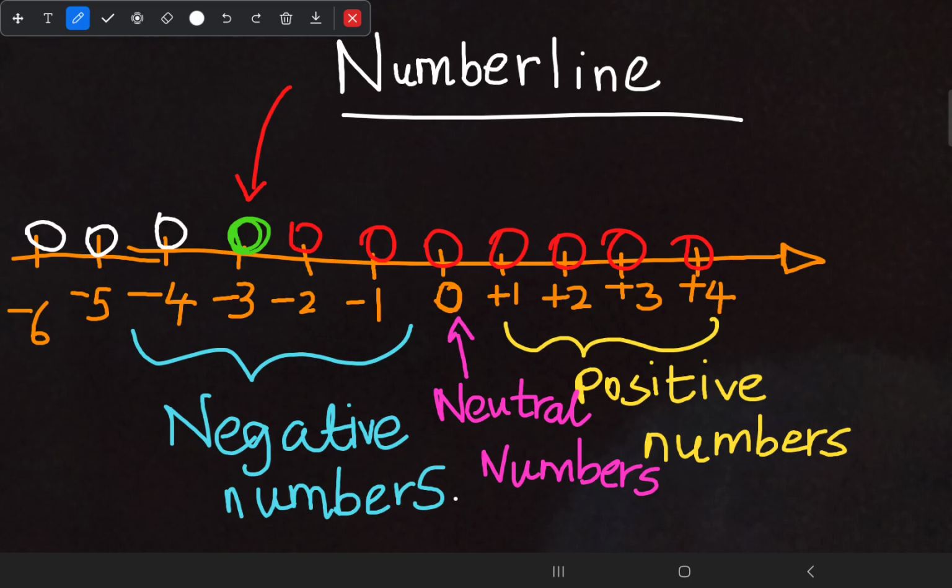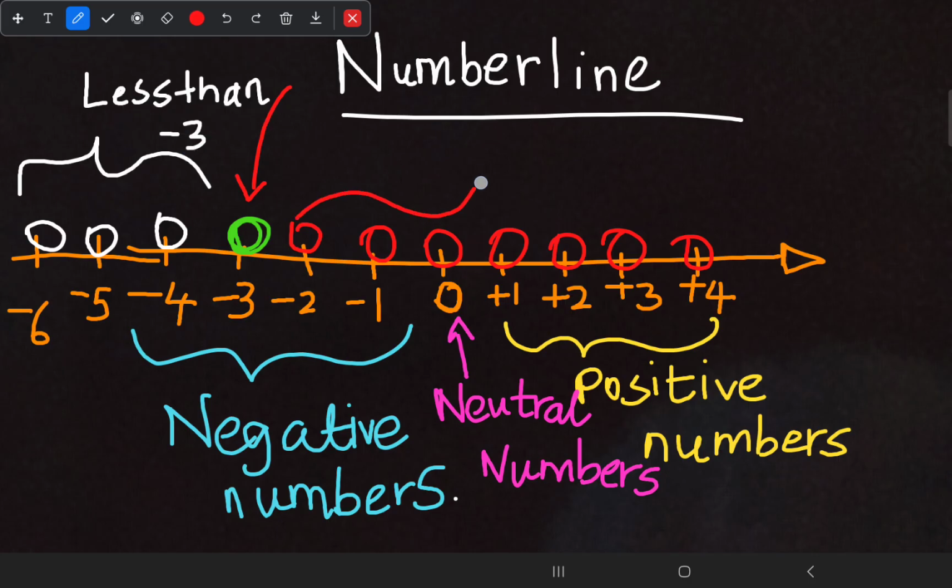With respect to that one's right side, all the values are greater than that value, and with respect to its left side, all the values are less than -3. The red color marked ones are greater than -3. These are some important features of your number line.